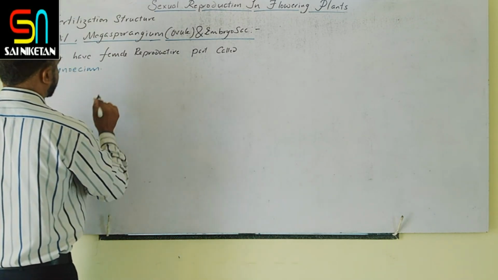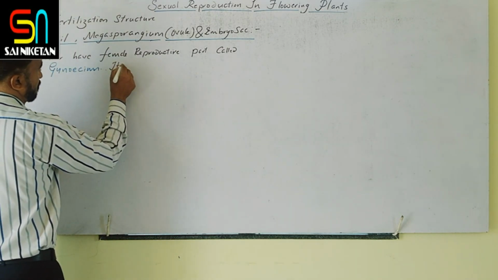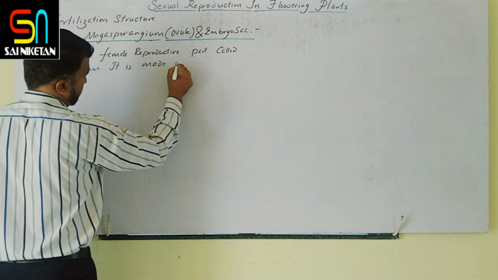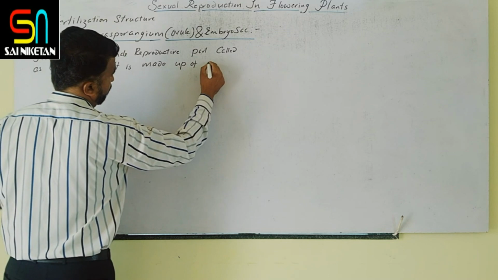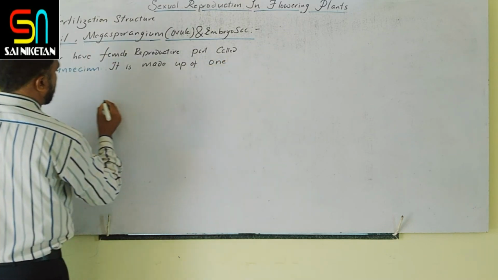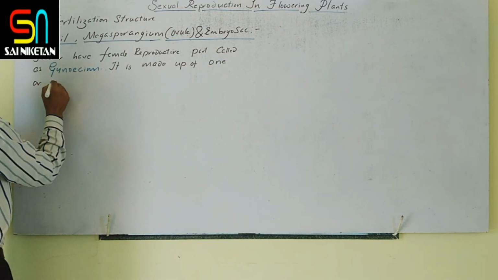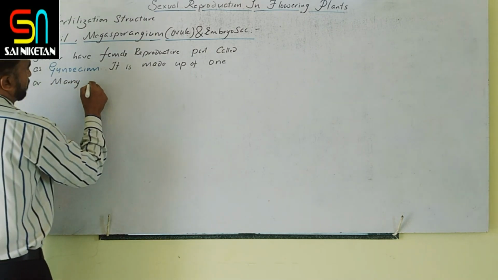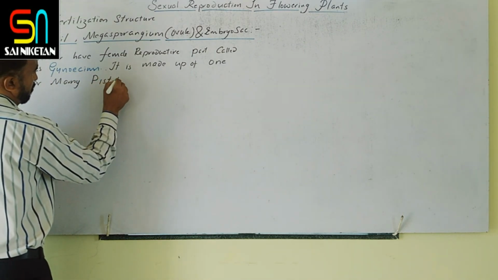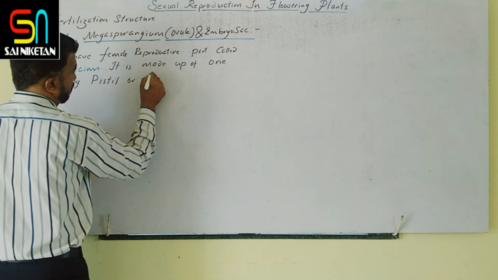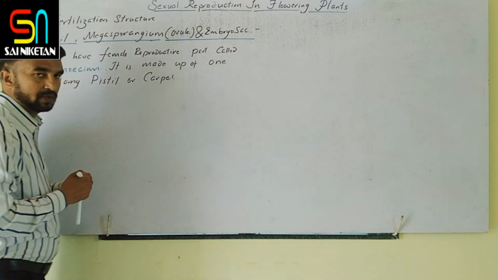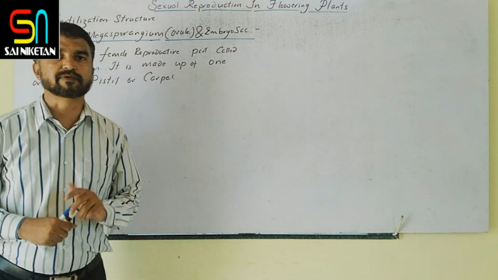This gynoecium is made up of one or many pistils or carpels. So in the first video, the flower figure we drew.